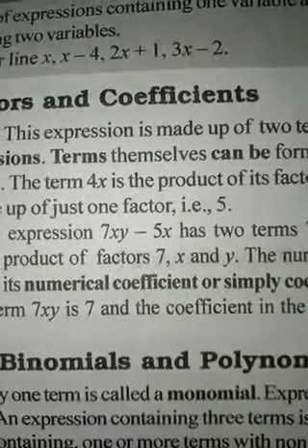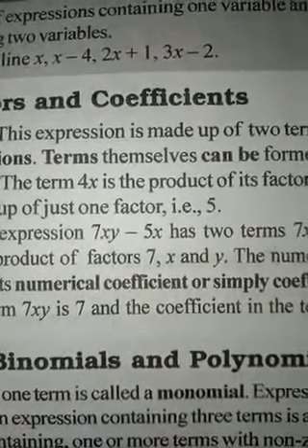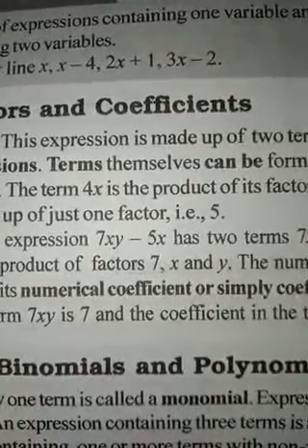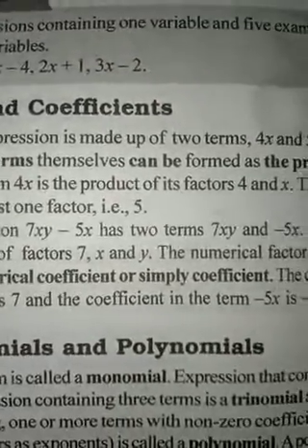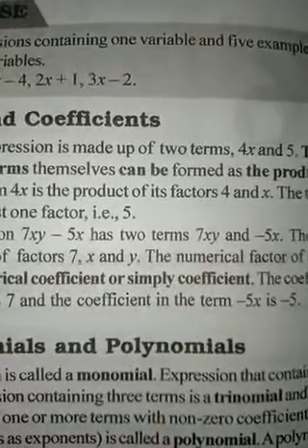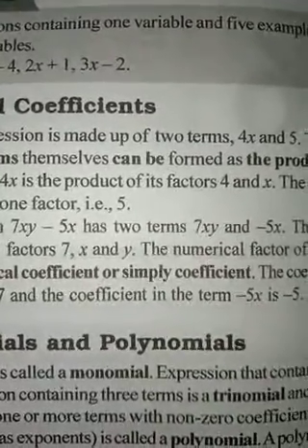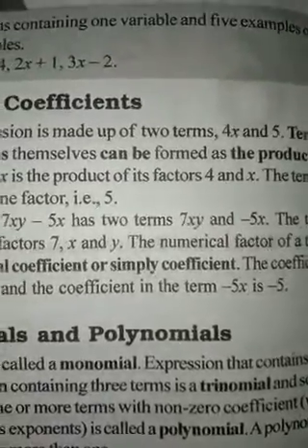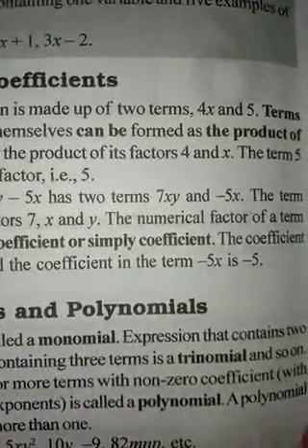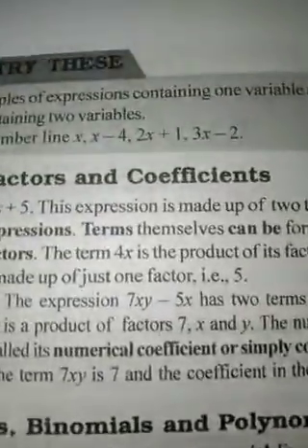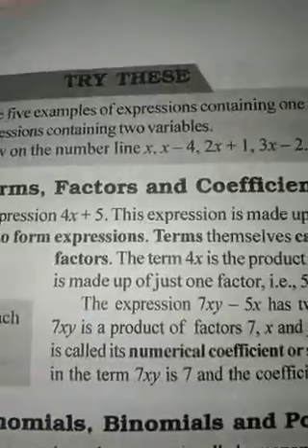Understood? In 7xy, the numerical coefficient is 7. What is the numerical coefficient of xy? That is 1. What is the coefficient for minus 5x? That is minus 5. This is called the coefficient and the terms' factors.